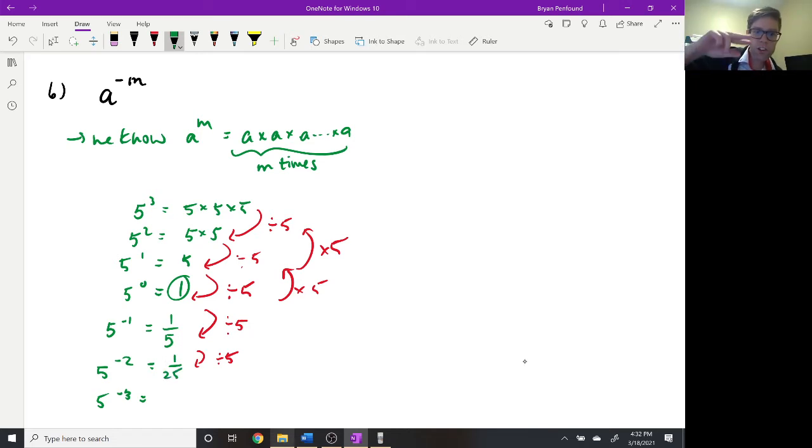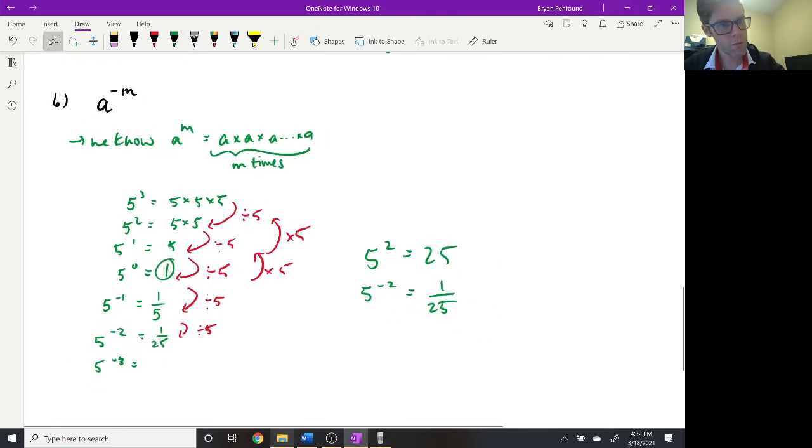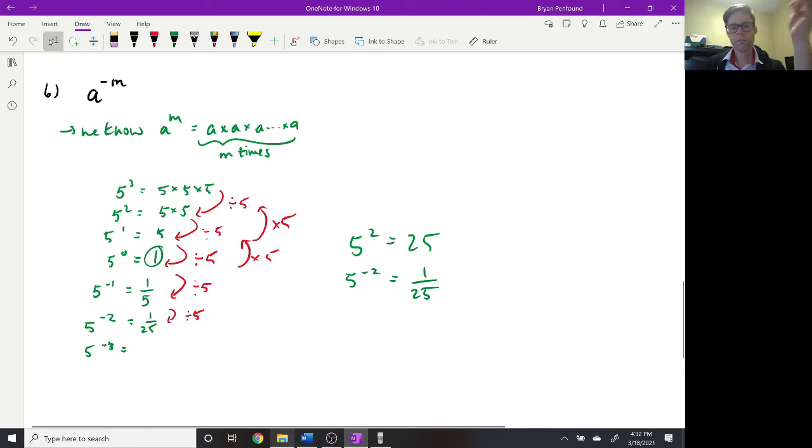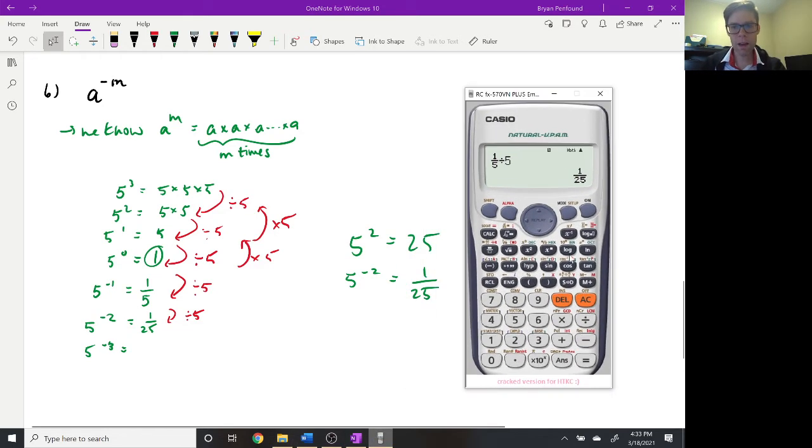And actually it's really interesting because 5 to the negative 2 is very similar to 5 to the 2, right? 5 squared is 25. And 5 to the negative 2 is 1/25. What do you think 5 to the negative 3 is? Well, my guess is that maybe this is going to be somehow related to 5 cubed.